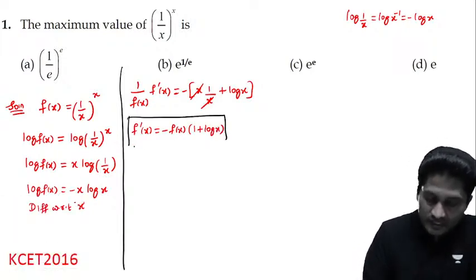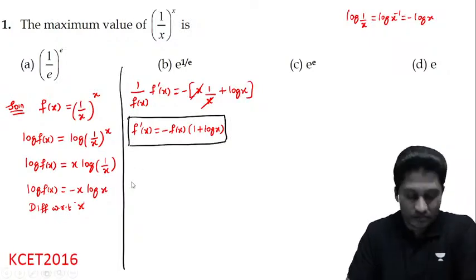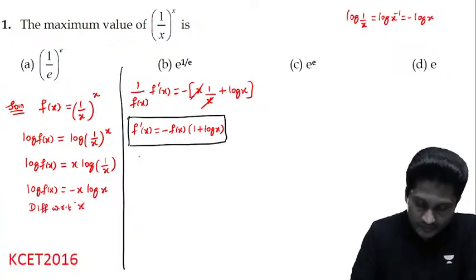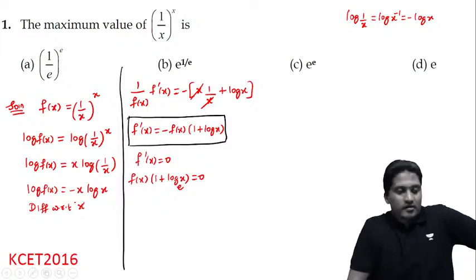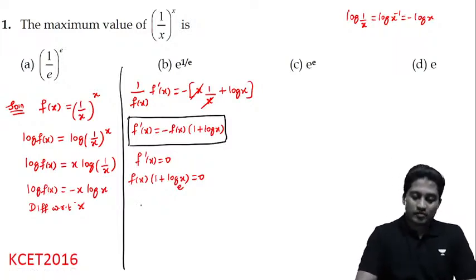After finding the first derivative, I'll equate it to 0. F dash of x is equal to 0. You will get f(x) into (1 plus log x) is equal to 0. When you write log, it is understood to be base e. Now f(x) cannot be 0.